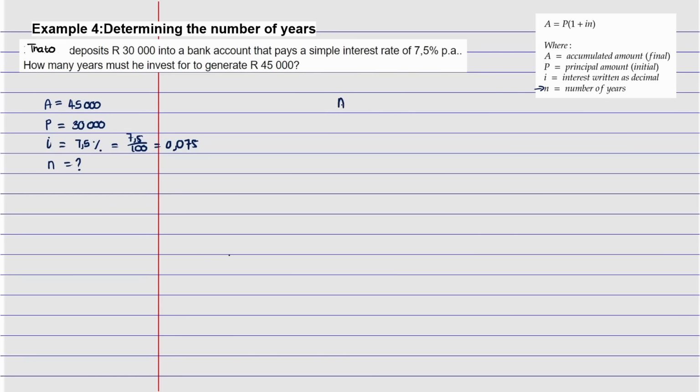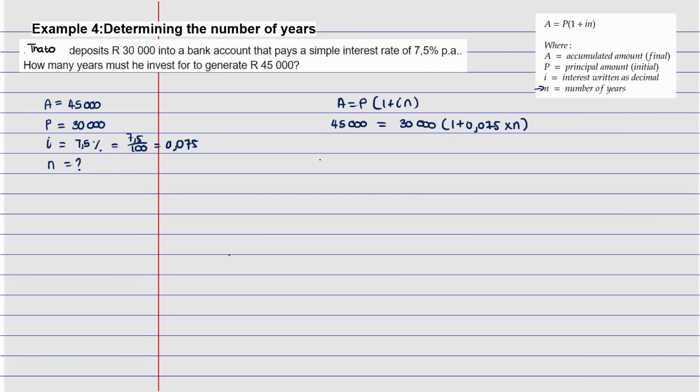Substitute everything, so we're going to have A equals P, open bracket 1 plus I, to the power N, right? Substitute everything that we have. So it's going to be 45,000 equals 30,000, open bracket, 1 plus 0.075, then that's going to be multiplied by N, which is the one that we want, right?